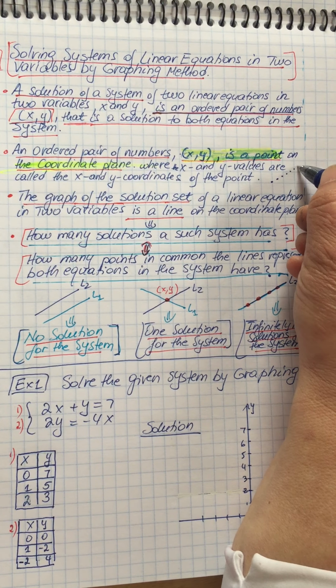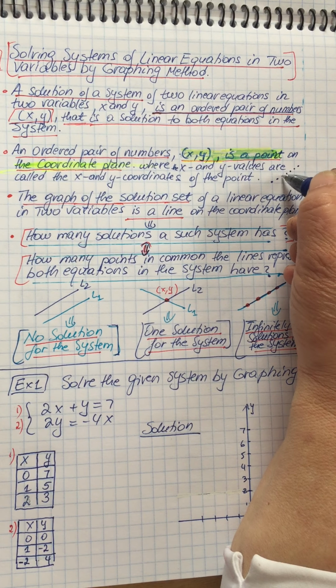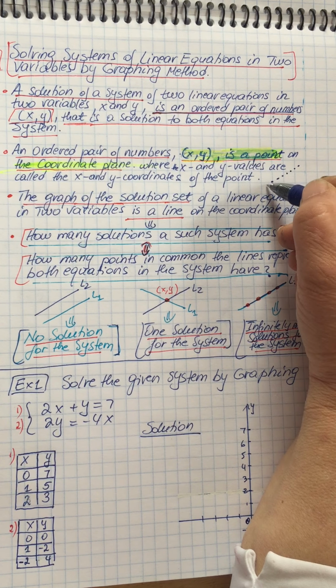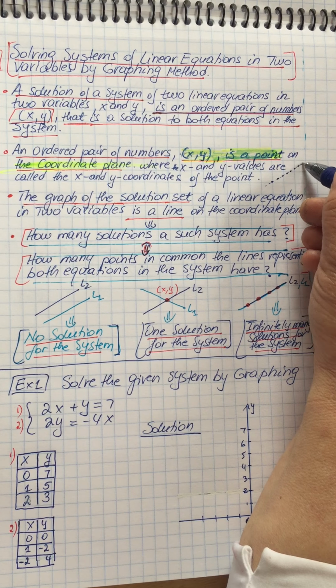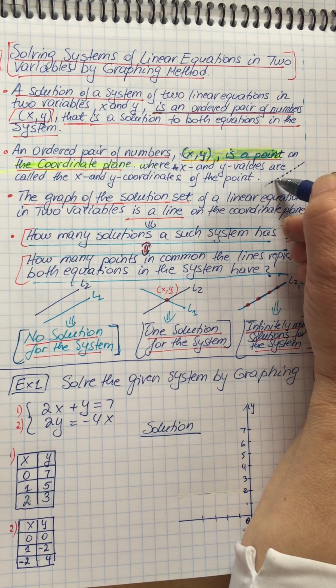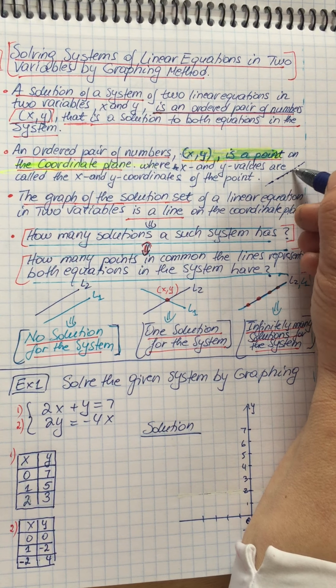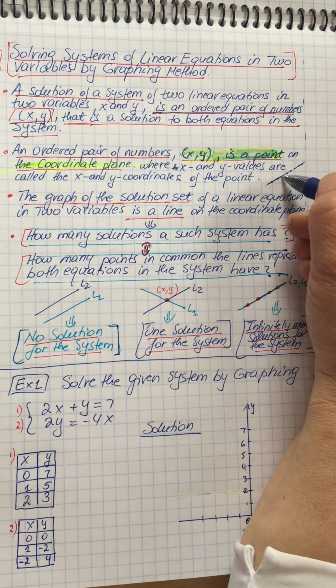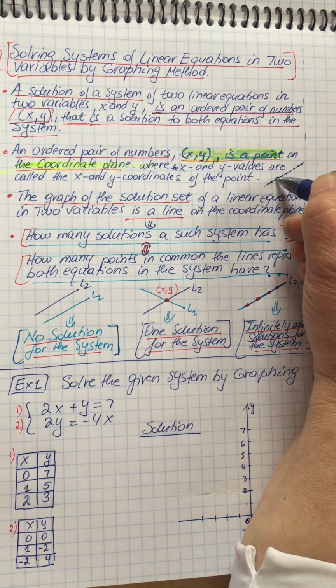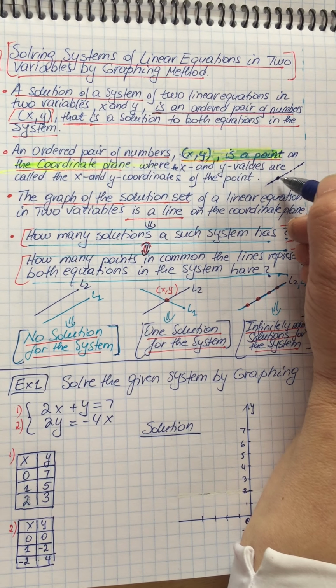So infinitely many solutions, infinitely many points on the coordinate system, and we connect those points with a line, and the line represents all the solutions to the equation, which means each solution to the equation is a point on a line, and each point on the line is a solution to the equation.